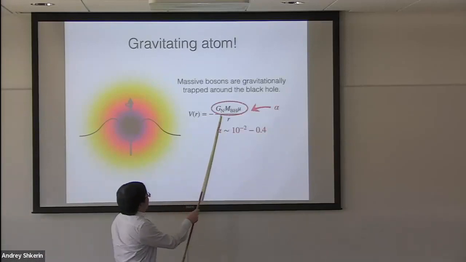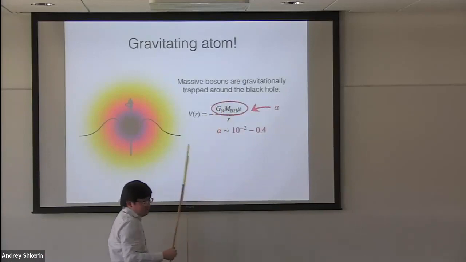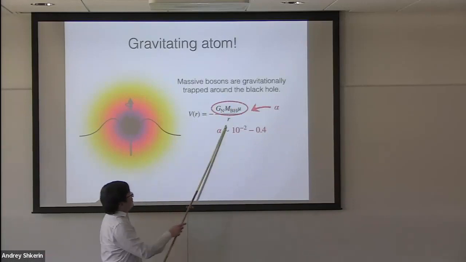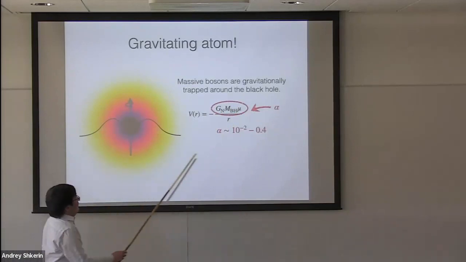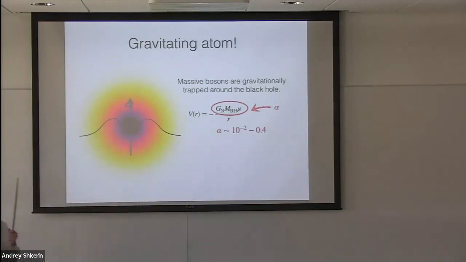It represents the ratio between the horizon size, GM, of the black hole over the Compton wavelength of the particle. So if the particle has a wavelength that is slightly bigger than the horizon size of the black hole, that's when the effect we'll be talking about is the most interesting.